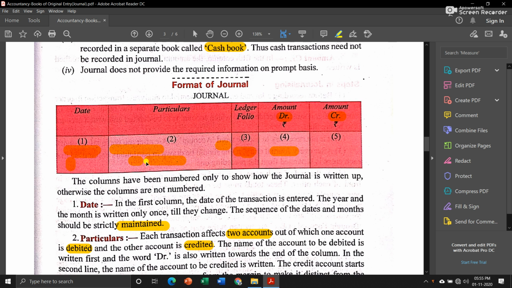And in the last column, that is the credit amount column, the account which was credited and the amount related to this account will be recorded in the credit column. Not in the same line, but a little bit lower than the debit amount, opposite of this credited account.